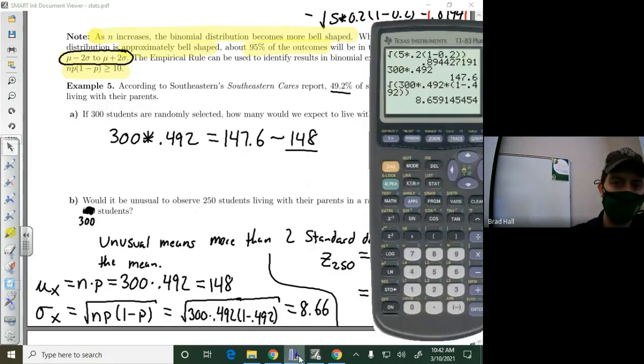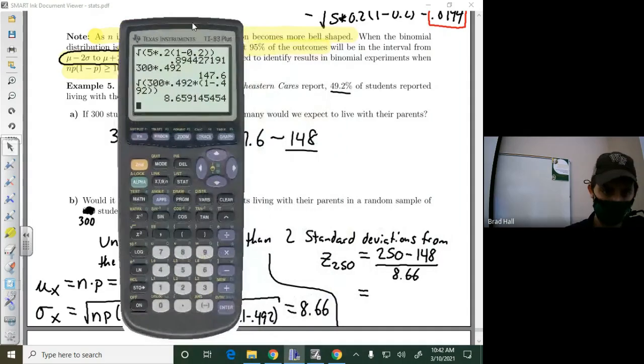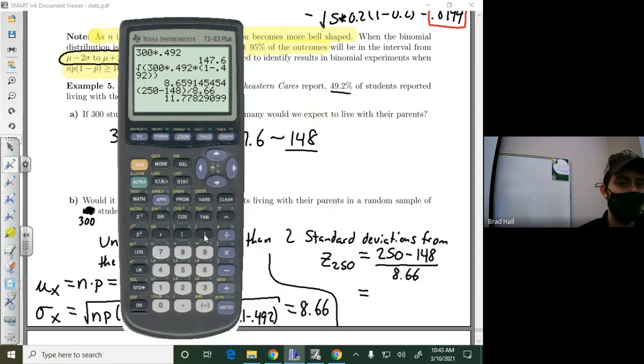So let's figure out the z-score of this. 250 minus 148 divided by 8.66. So I think that goes to show for itself a z-score of almost 12. That's insane.